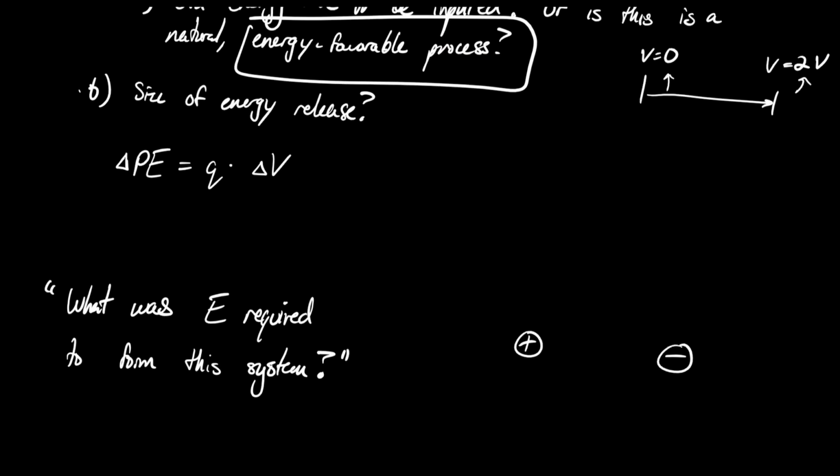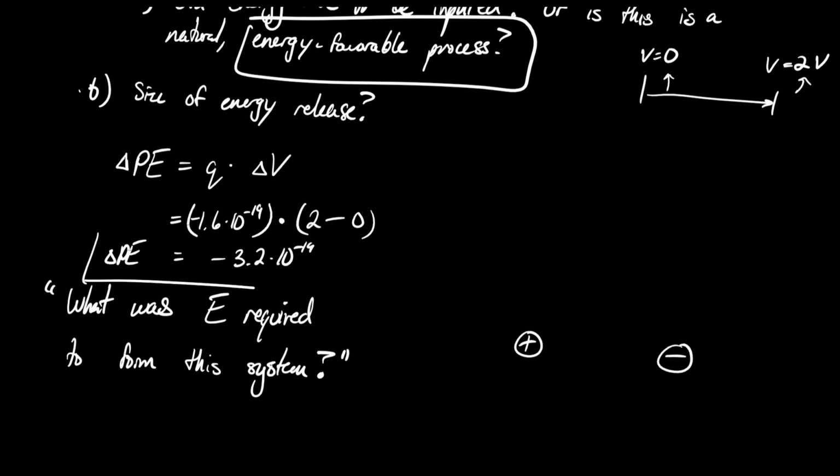So the size of the potential energy release will be the electron charge times, sorry, so this is negative, times the delta V, which is V final 2 minus V initial 0. So the delta PE is negative 3.2 times 10 to the negative 19th.